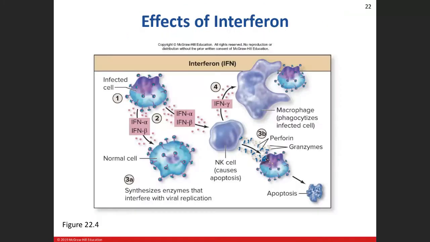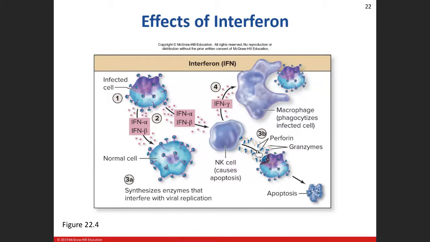Anyways, so the gamma interferon, you can see here it comes. The natural killer cell rolls in. It can release its gamma interferon onto the macrophage, which will then kill the infected cell, or the natural killer cell can do its thing, which is what?